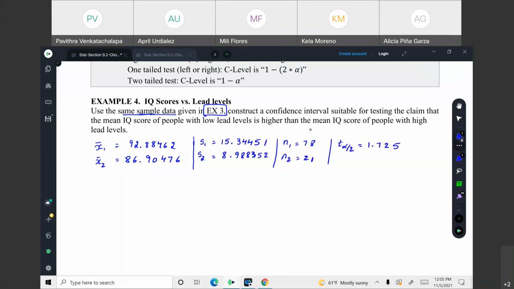In example 3, alpha was 0.05 and the degree of freedom was 20. So you have all the data you need to calculate the confidence interval. Plug those values into the formula, calculate, and tell me the answer.